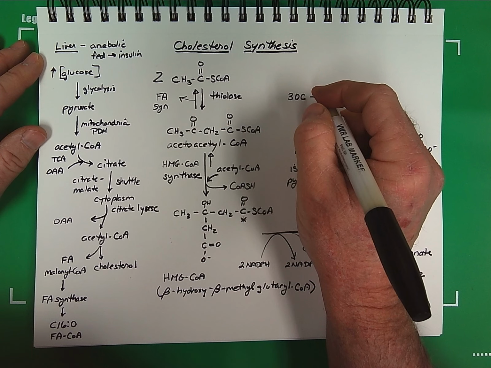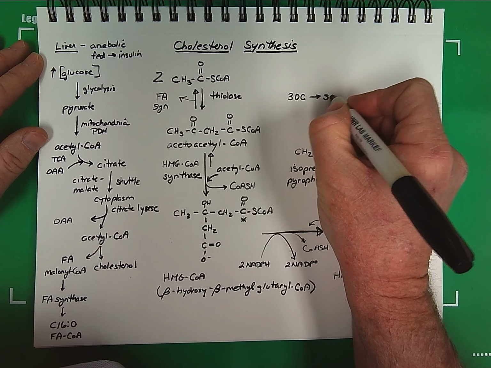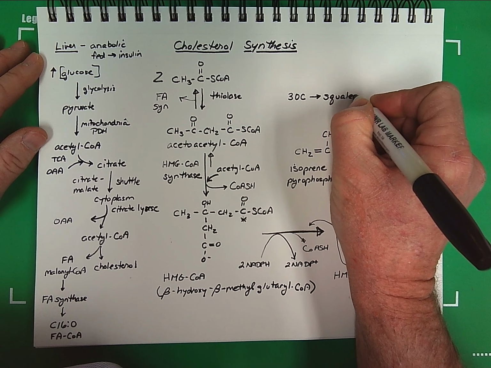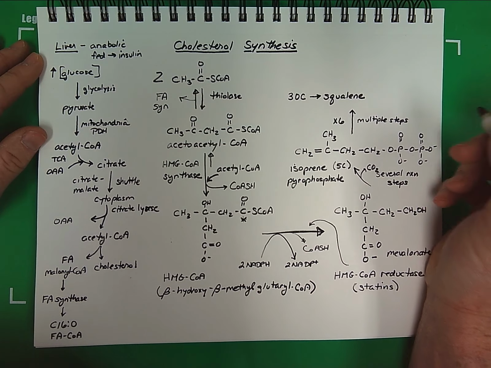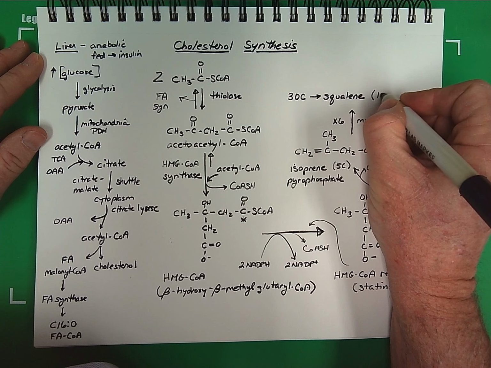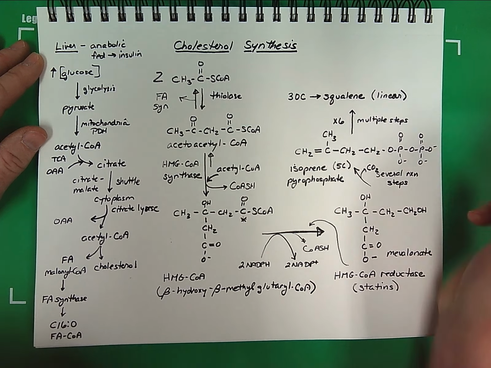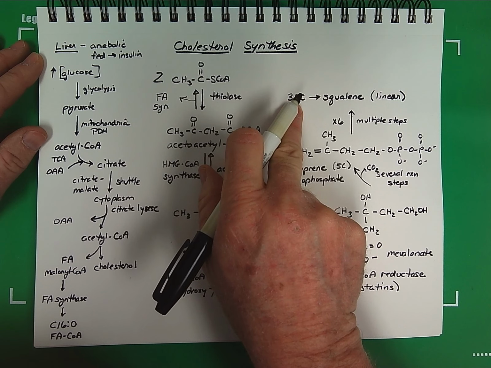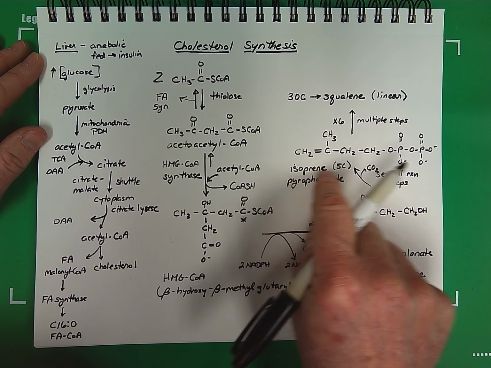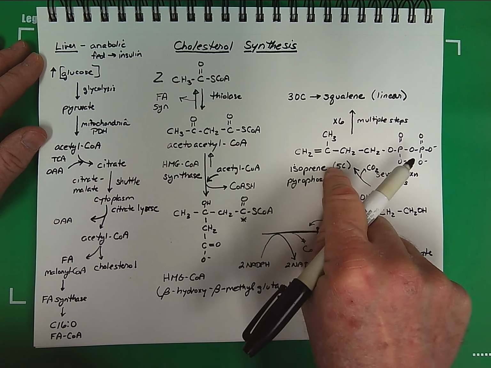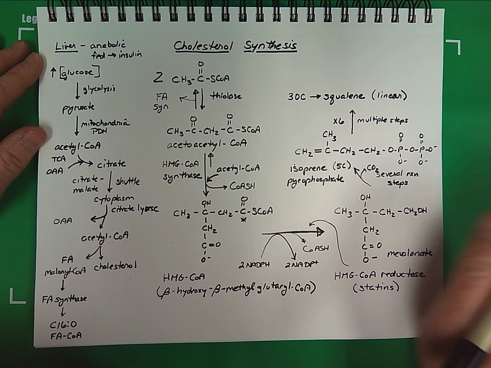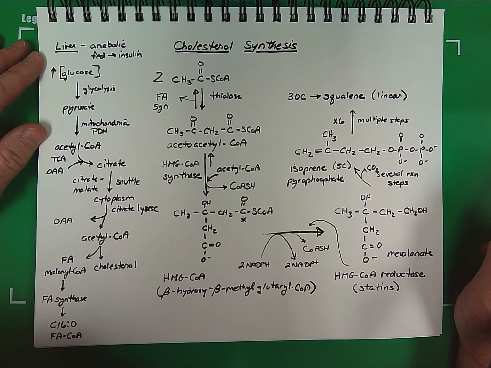This 30-carbon molecule is called squalene. Squalene is a long, linear molecule that is 30 carbons long, that is synthesized by taking 6 isoprene units and hooking them up, linking them in tandem.